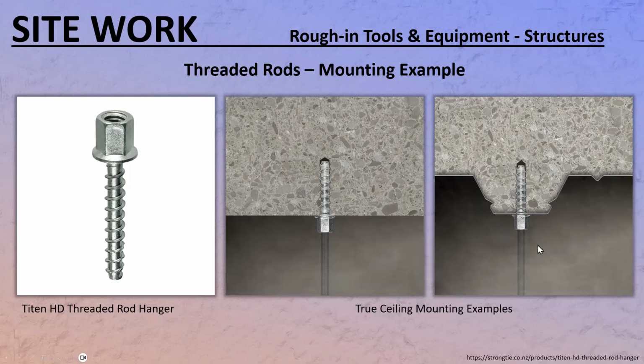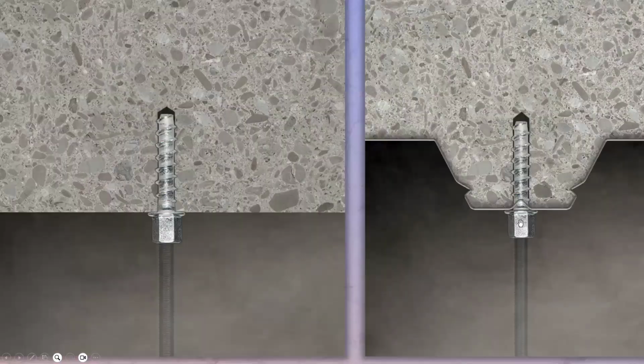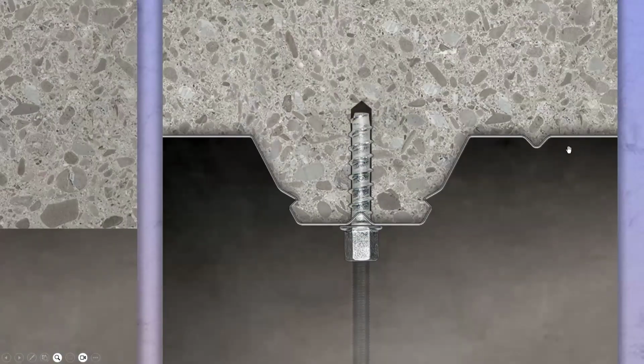Now, the challenge with that is that sometimes there's a perforated steel that is covering the true ceiling. See, here's a steel layer. It prolongs the installation big time, because you need to drill through that steel first using a steel drill bit.